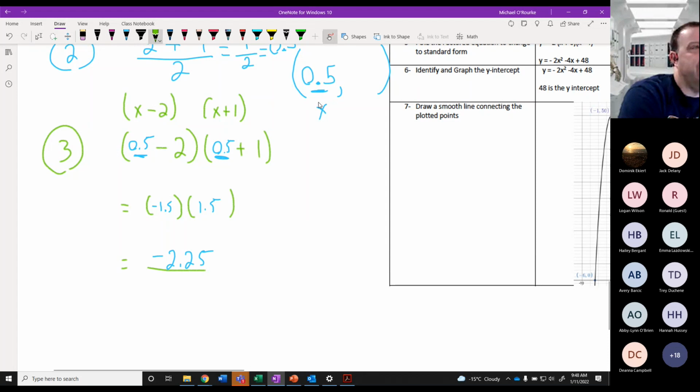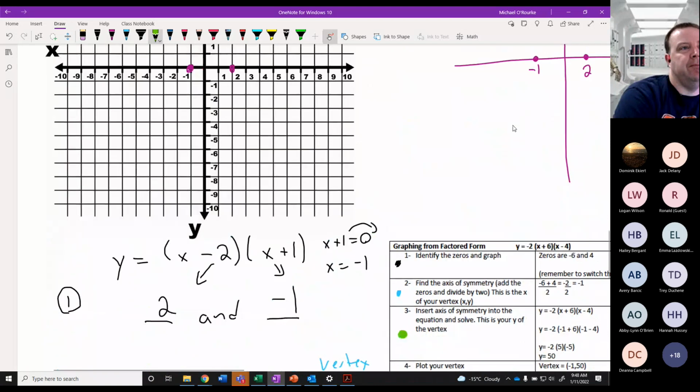So you know your vertex now occurs at 0.5 and negative 2.25. Now you can go up and chart that. So 0.5, as we have here. And then I could make up that negative 2.25 is around here. And that's where we're going to put our dot for our vertex.